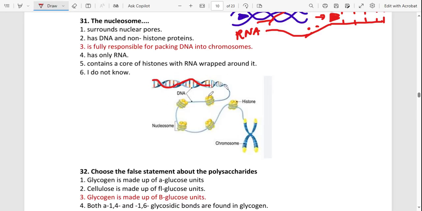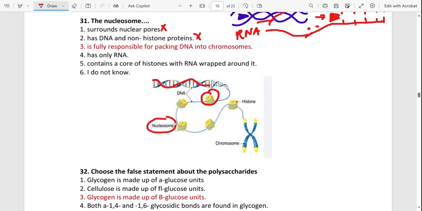Now, when you start wrapping DNA around histones, that's when you form a nucleosome. So that's why the one which says DNA and non-histone is not correct. And surrounds nuclear pores, not necessarily.